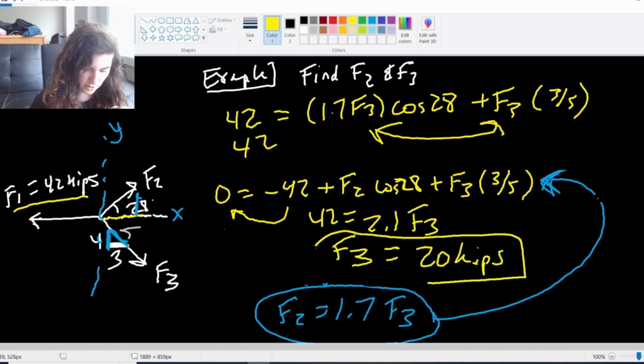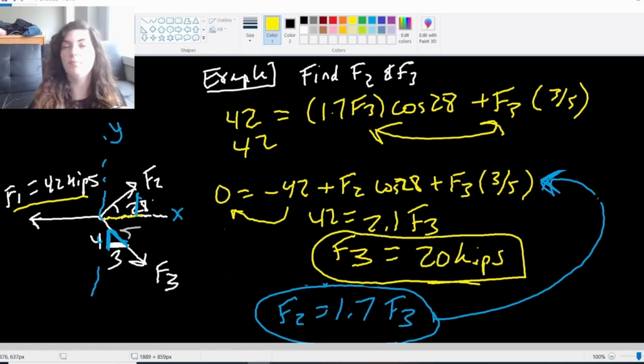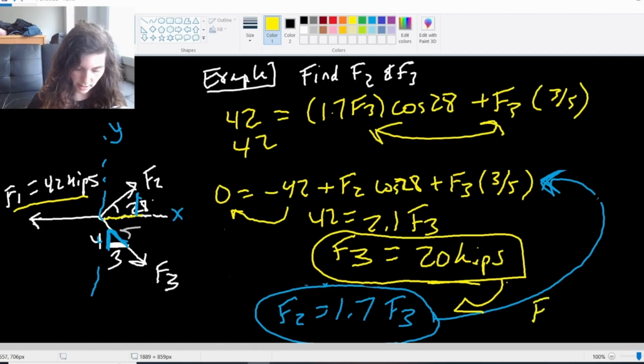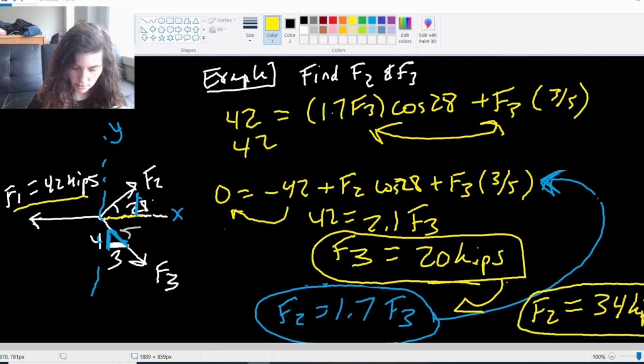So that's it. That's all I need to do, find my magnitude of F2 and F3. I found F3. I substitute this 20 back into this equation here, and if I do 1.7 times 20, I get F2 is 34 kips. That's my final answer.